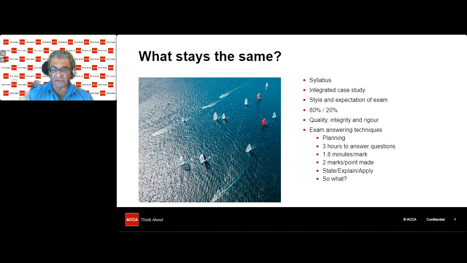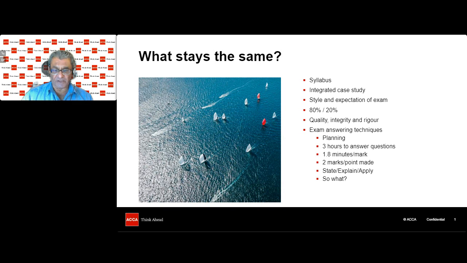Now, why do I say 2 marks per point? Well, if you look at the marking guide for most of the past examinations, you'll find that the marking guide says up to 2 marks per point made. And when you look at how those 2 marks are earned, you find that it's the state, explain, apply approach.